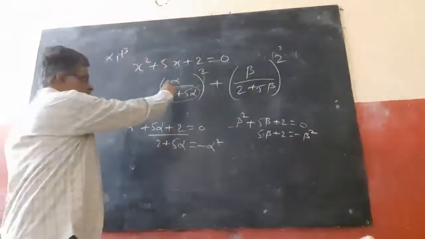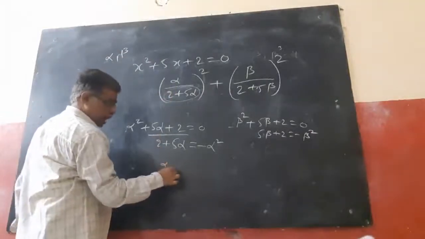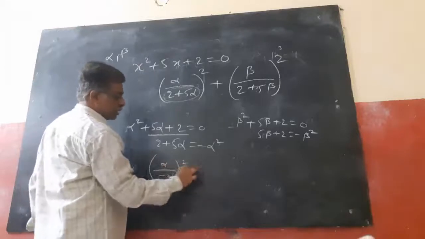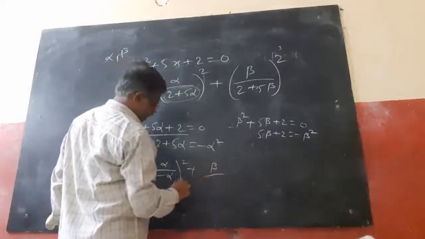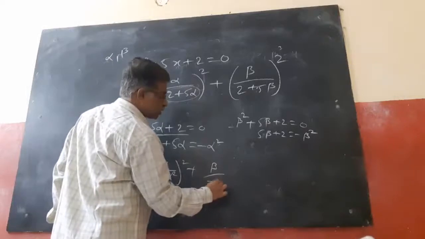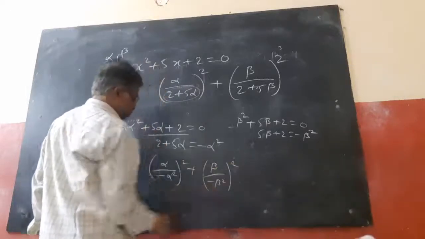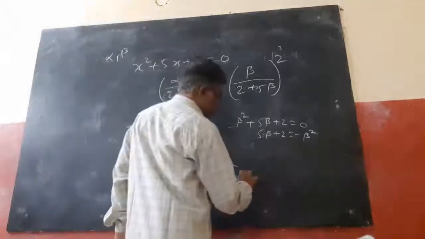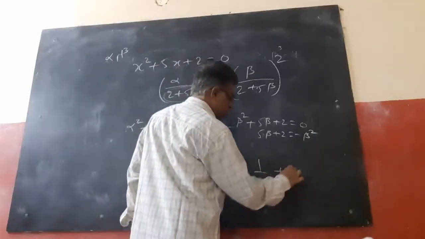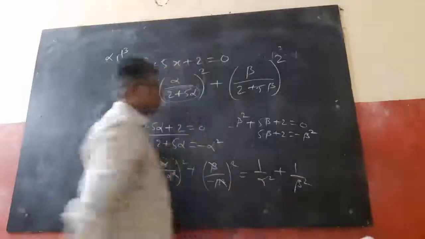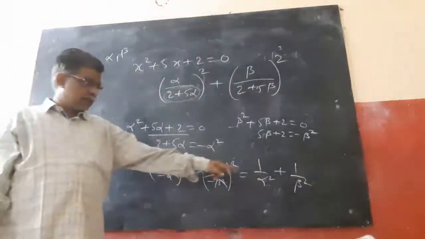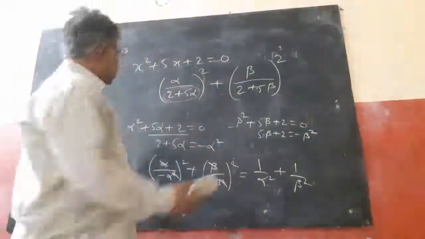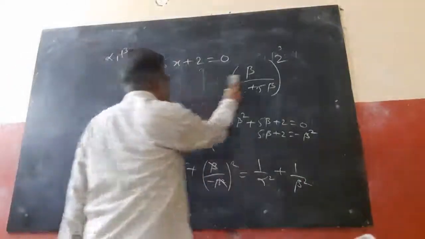So finally it becomes alpha by minus alpha whole square plus beta by minus beta square whole square. So this is 1 alpha, alpha gets cancelled, 1 beta, beta gets cancelled. So left out is 1 by alpha square plus 1 by beta square. This is, you know how to find.